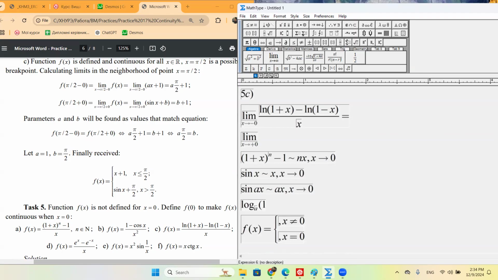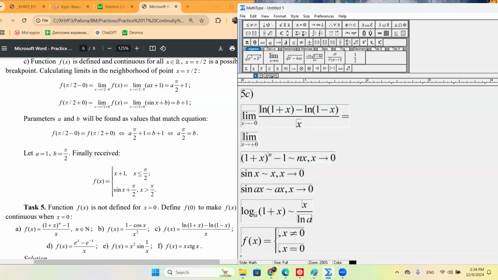So 1 plus x to the power is equivalent to the next expression: x by natural logarithm of a. And x approaches 0, by the way. And for the natural logarithm, it will be simpler.